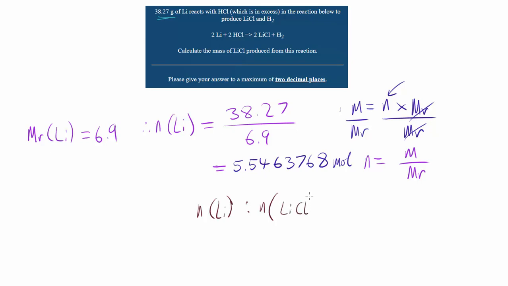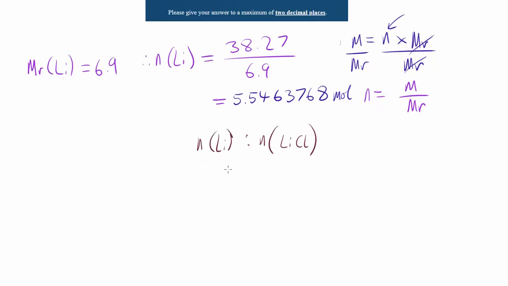Looking at the coefficients in the balanced equation, lithium has a coefficient of 2, and LiCl also has a coefficient of 2. So the ratio between them is 2 to 2, which if we reduce to the common factors would be simply 1 to 1.